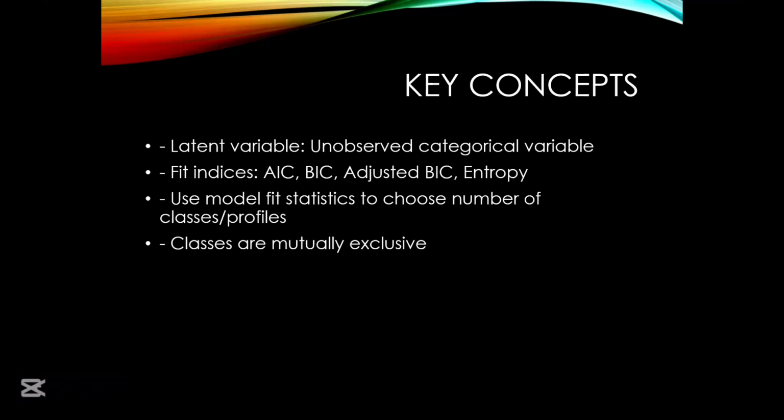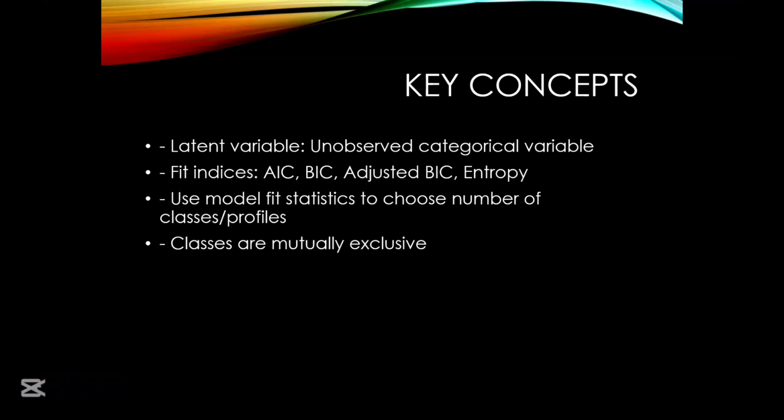Now, the key concepts that one can achieve with these latent analyses are, as we mentioned, the unobserved categorical variable or subgroups, and the outputs of the statistical analysis give us some indices that we can use to know the performance of each of the classes and thereby settle on a particular number of classes for optimization of our analysis.